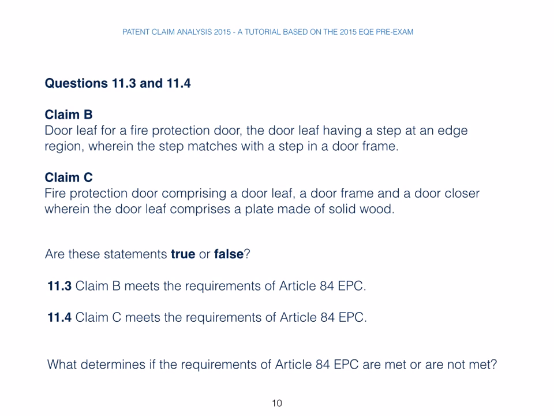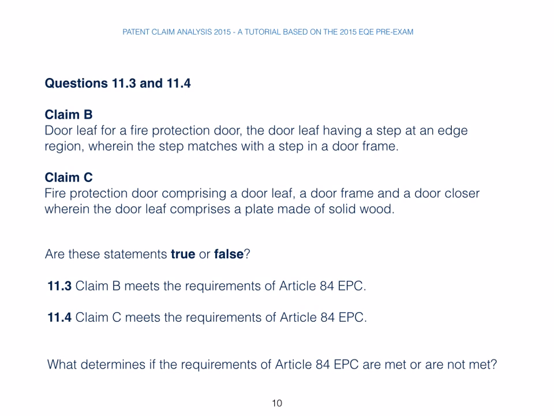And claim C reads, fire protection door for a door leaf, a door frame, fire protection door comprising a door leaf, a door frame, and a door closer, wherein the door leaf comprises a plate made of solid wood. And the statements that you are asked to reply true or false. 11.3, claim B meets the requirements of Article 84 EPC, and statement 11.4, claim C meets the requirements of Article 84 EPC.